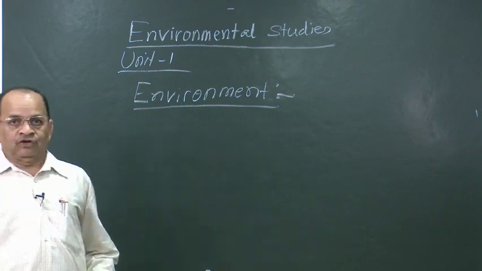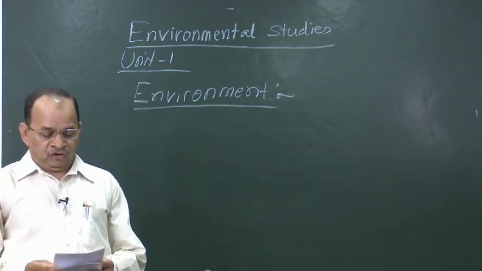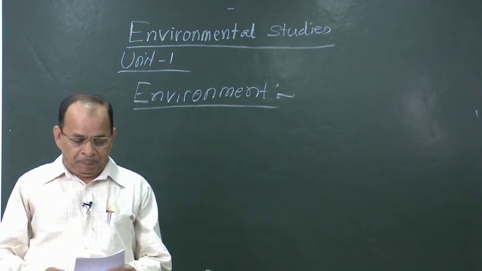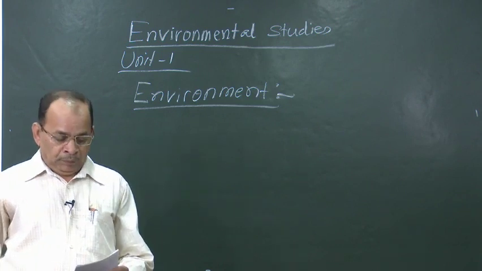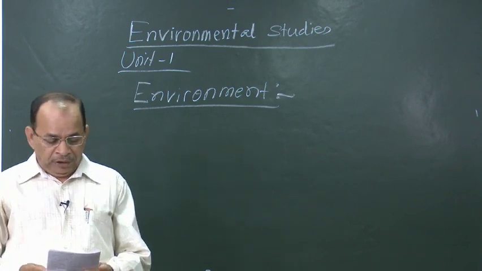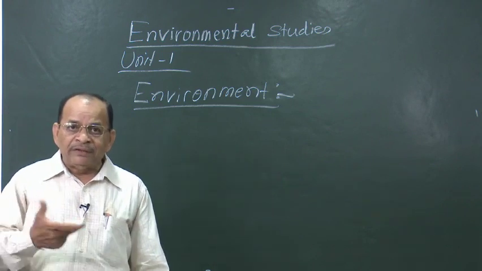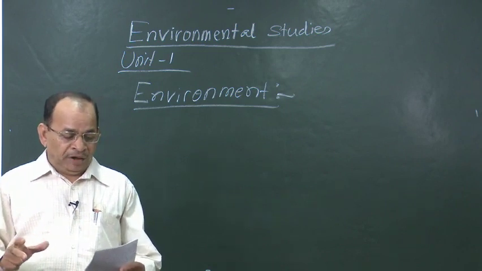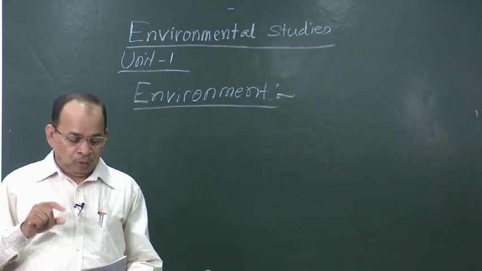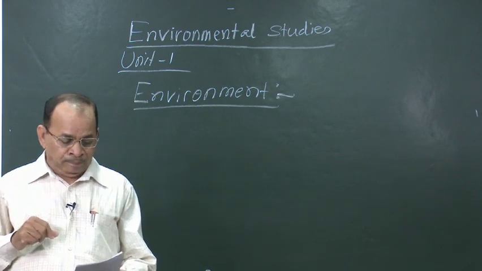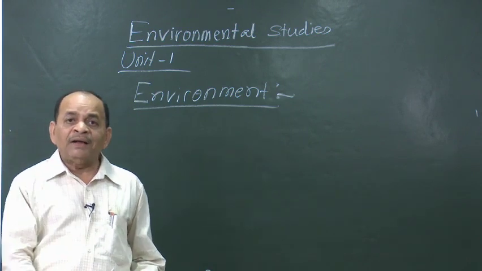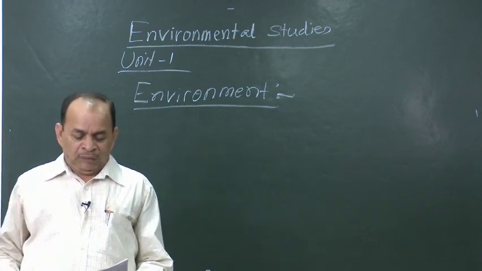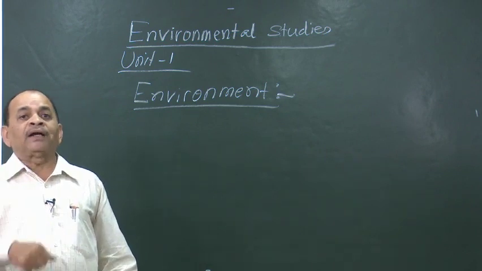Environment means all the living organisms have a specific surrounding or medium with which they continuously interact, from which they derive their sustenance, their living requirements, and to which they are fully adapted.